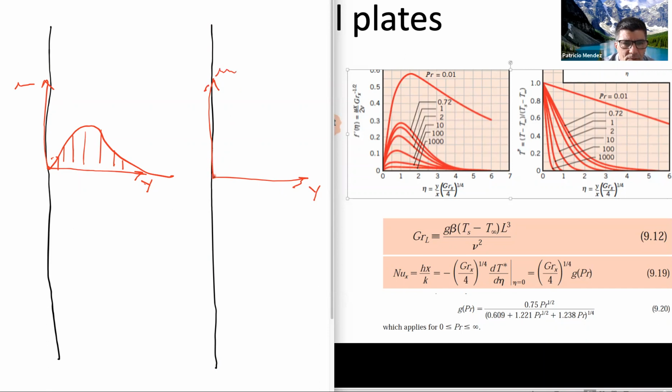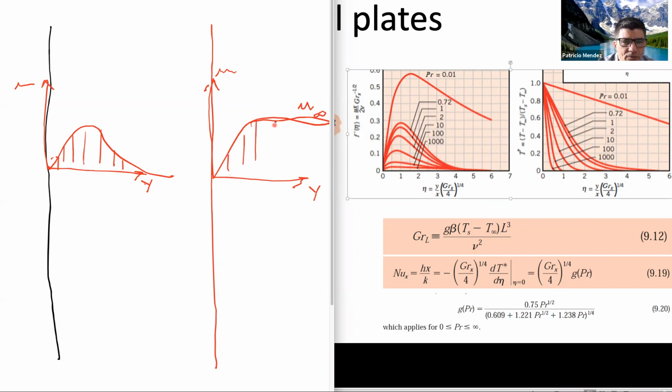This is u, and we saw velocities that would go to u infinity.